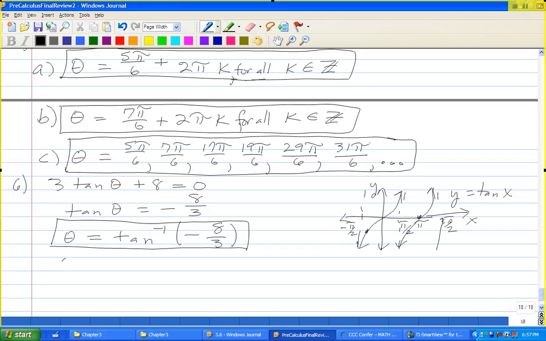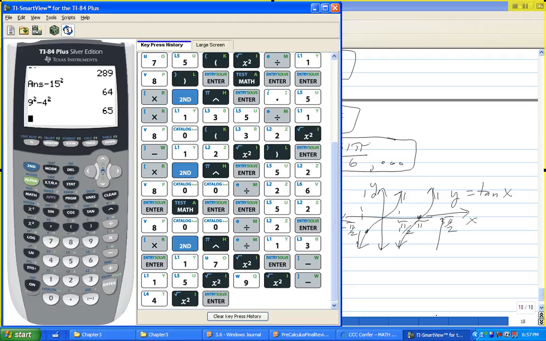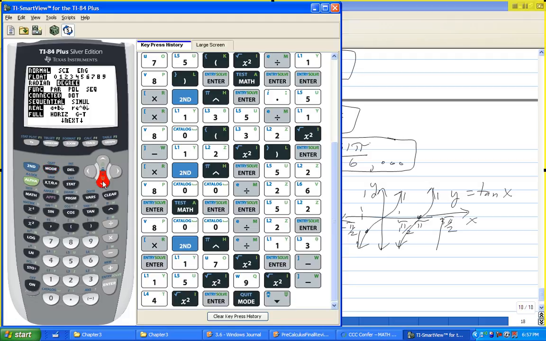So theta, I'm going to have to do this on a calculator. So arctan, and let's just check I'm in radians.